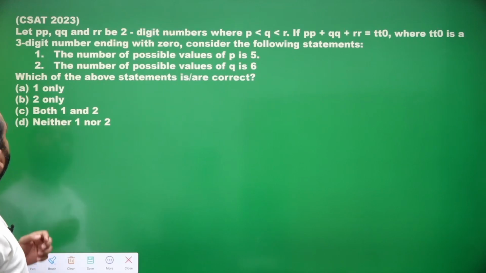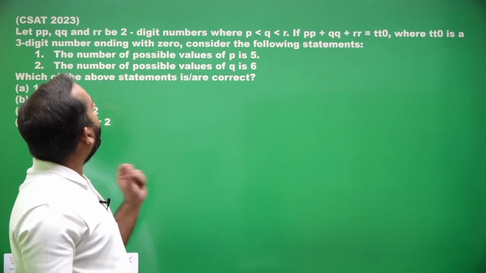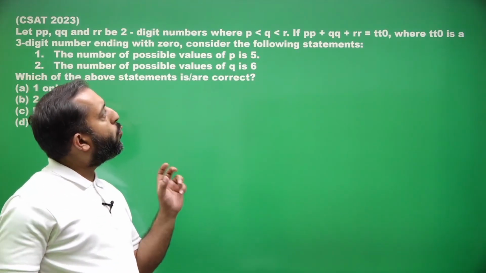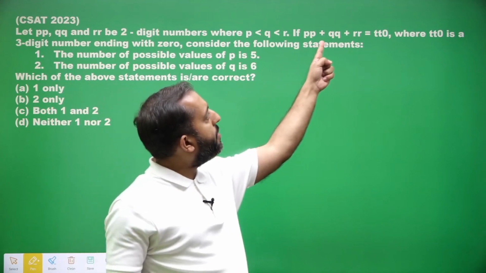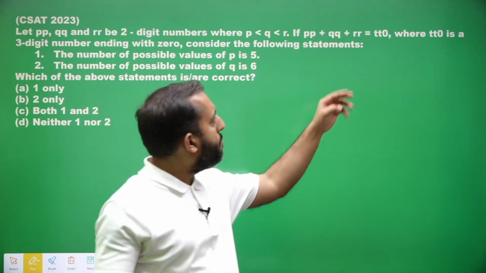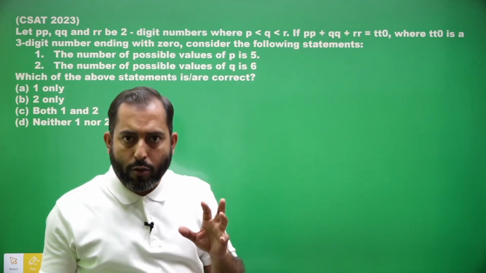It says, let PP, QQ, RR be 2-digit numbers where P is less than Q is less than R. PP is a 2-digit number, QQ is another 2-digit number, and RR is another 2-digit number.